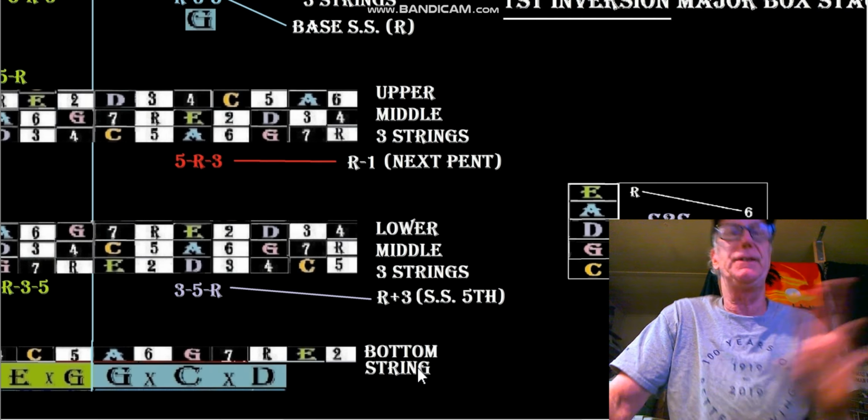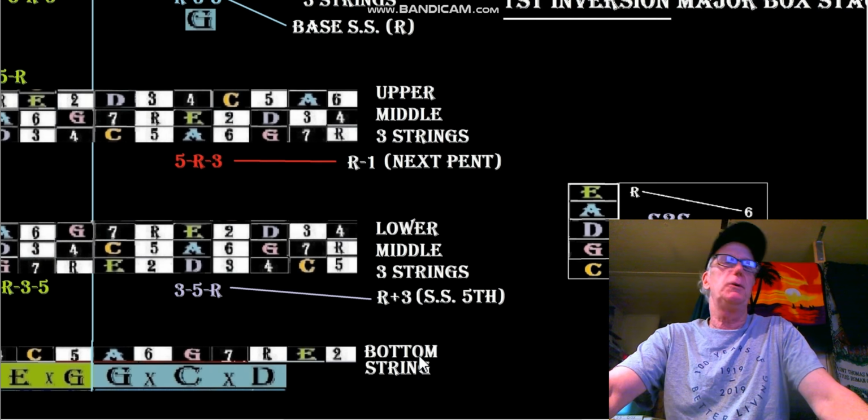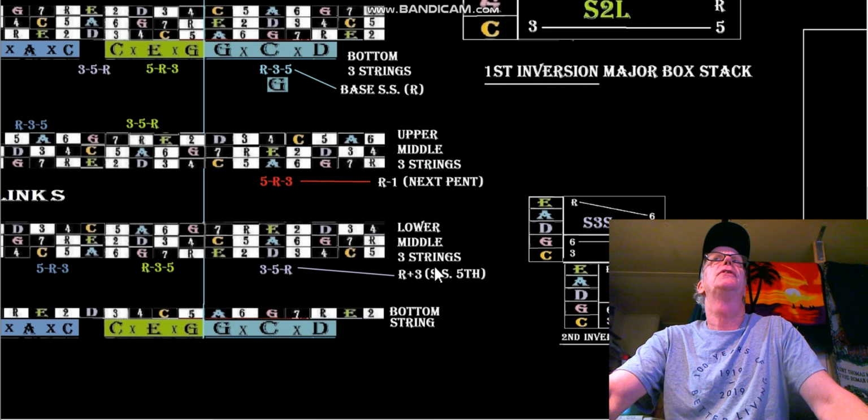But how did I decide to do it? Well, remember when we had our class on how to identify where a string shape is, how to go around the circle. Say the bottom string shape, bass string shape. Okay, the next string up, which is the bottom string of the lower 3 strings, is going to be root plus 3, the string shape 5th.